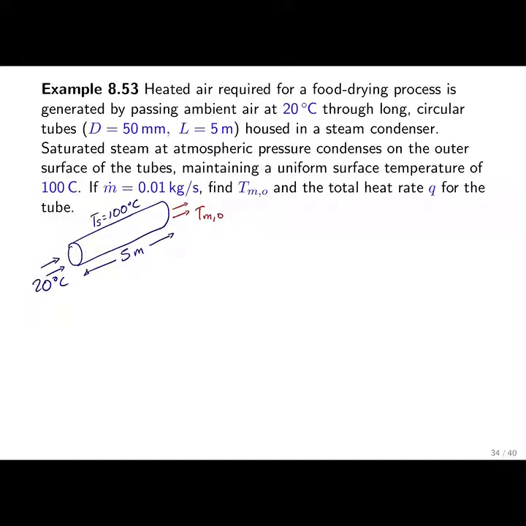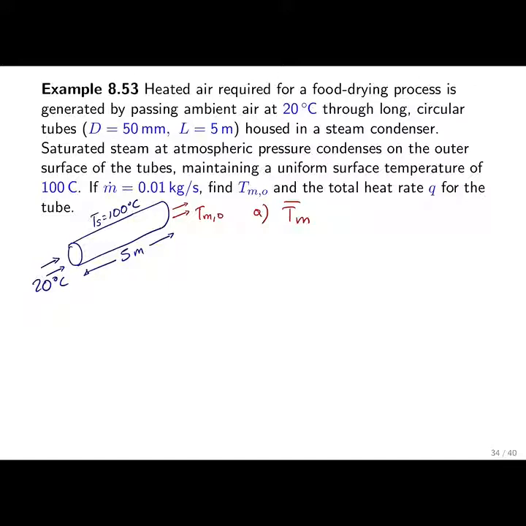Okay, the first thing that we have to do is find out the properties of the air at the temperature inside the tube, like an average of the temperature. So in the first place we find the mean temperature of the air inside the pipe.